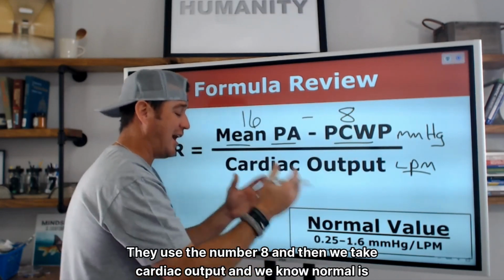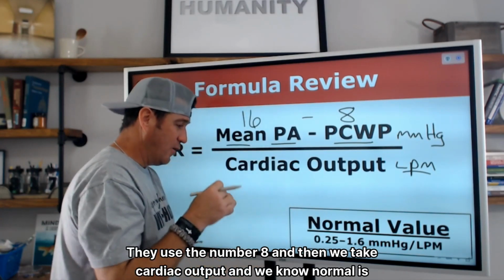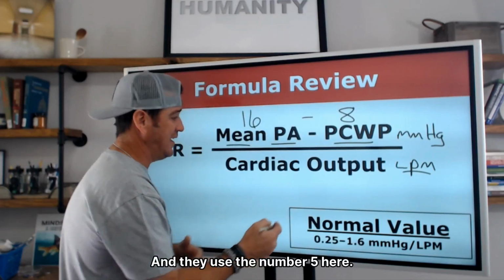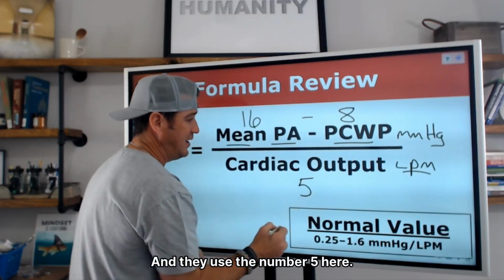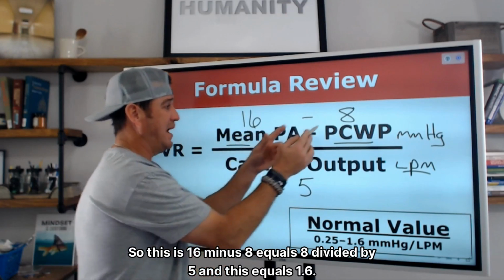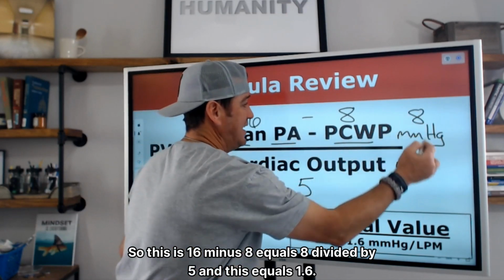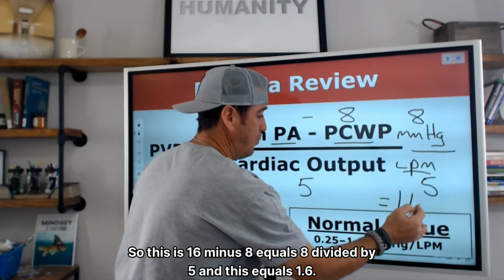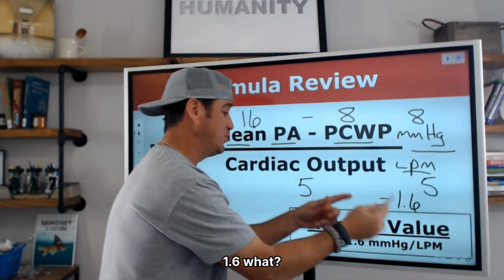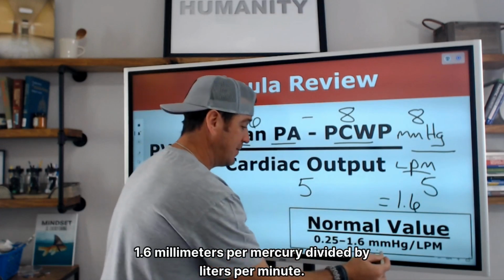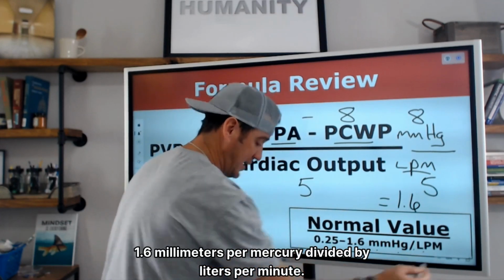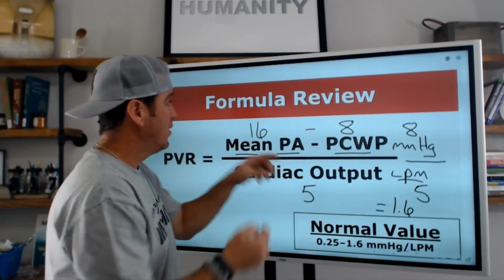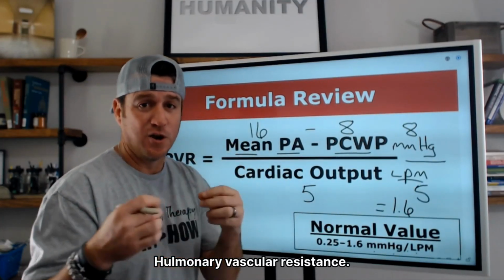And then we take cardiac output, and we know normal is somewhere between 4 to 8 liters per minute according to Egan's, and they use the number 5 here. So this is 16 minus 8 equals 8 divided by 5, and this equals 1.6. 1.6 what? 1.6 millimeters of mercury divided by liters per minute. This gives us a normal pulmonary vascular resistance.